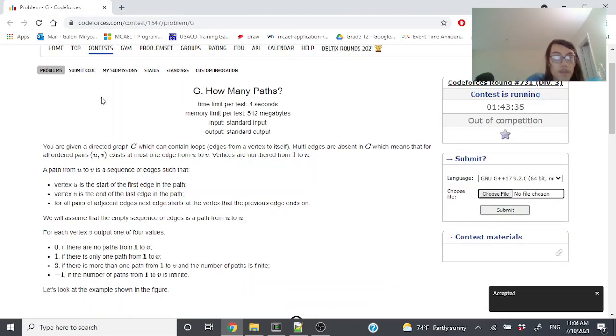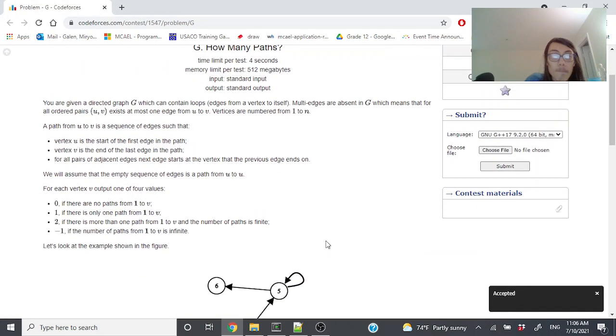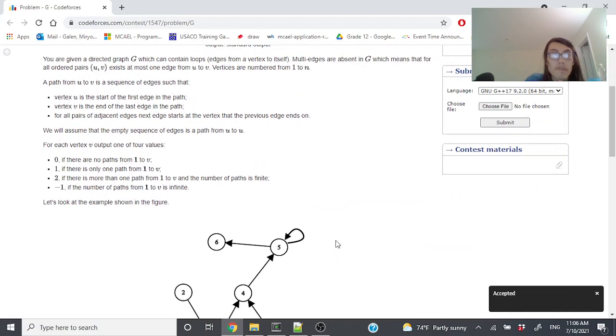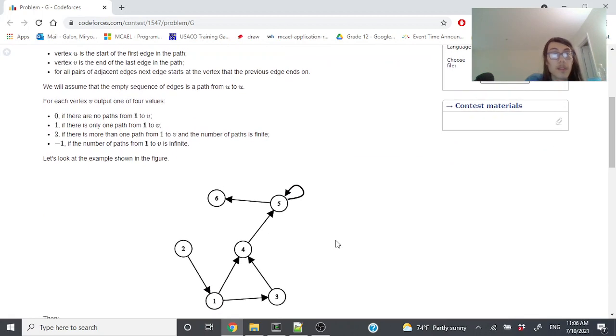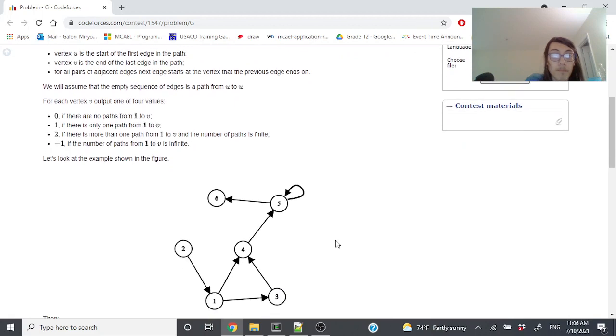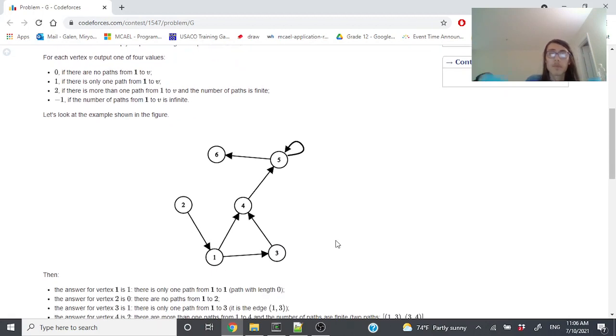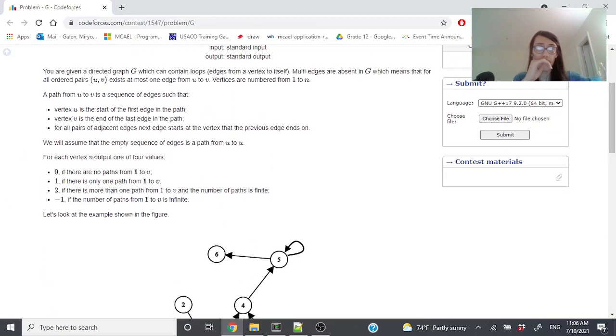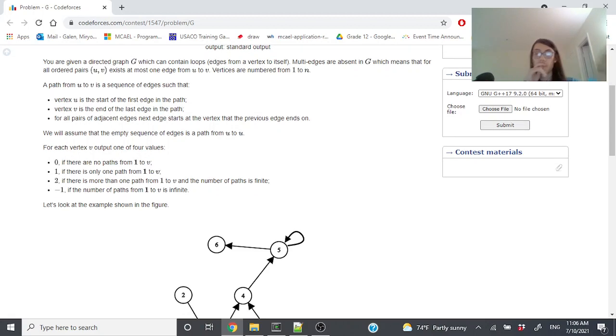Okay. We're given a directed graph G which can contain loops. Path from U to V. So 150.